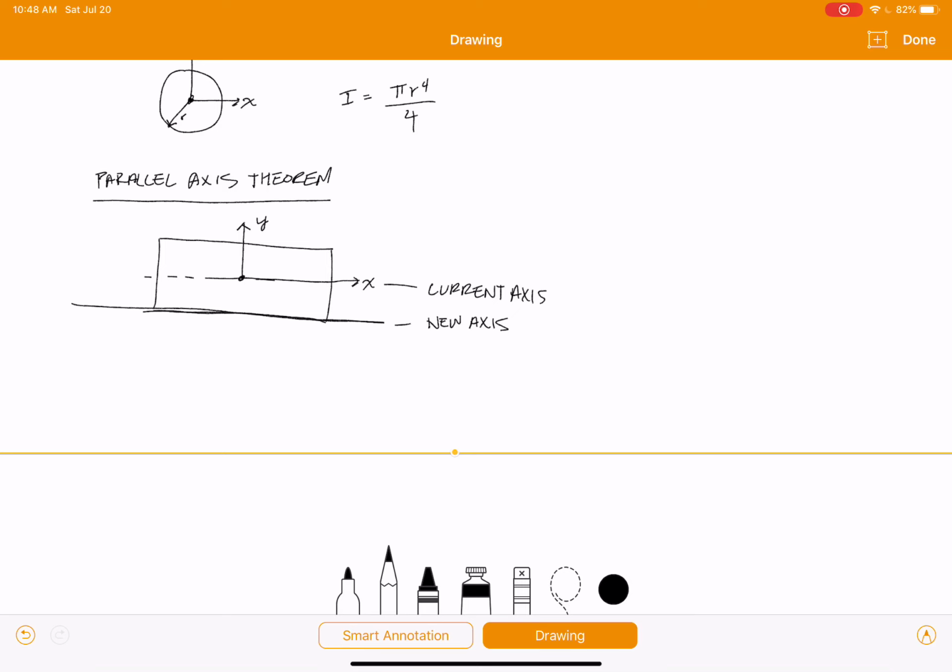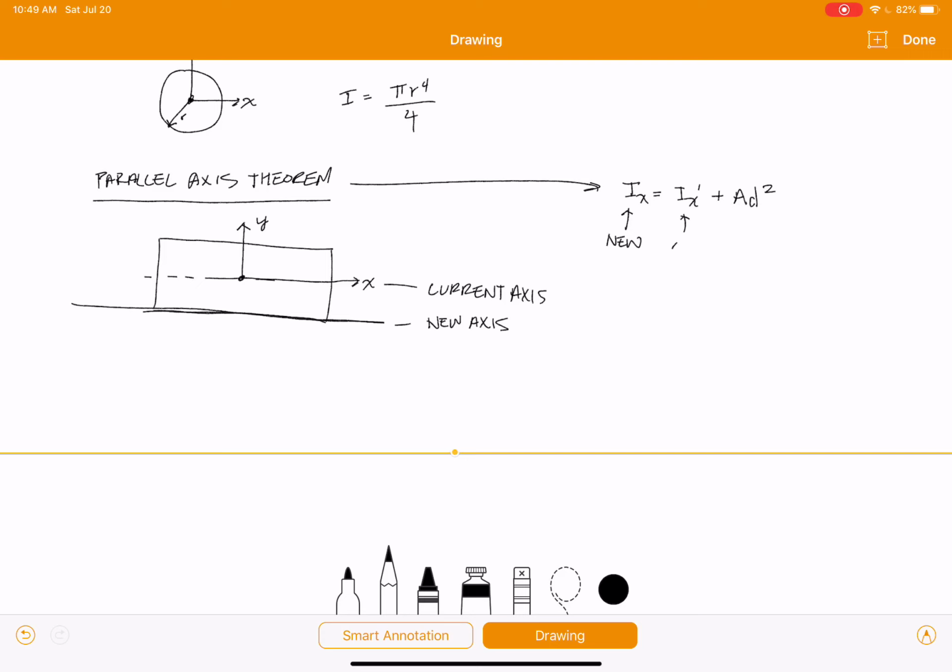The equation used for the parallel axis theorem is going to be Ix equals Ix prime plus Ad squared, where this is the moment of inertia about your new axis.